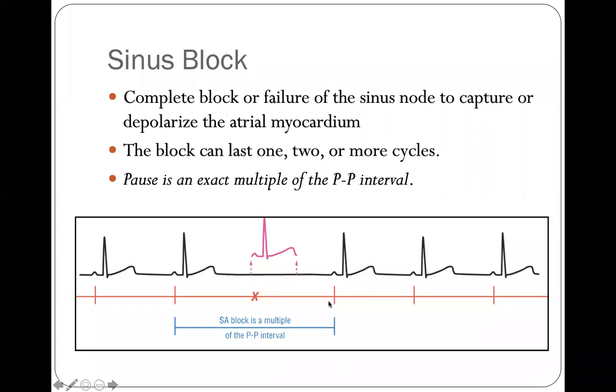We know that the SA node was not reset because this next cardiac cycle after the block comes back in time. And it doesn't matter how many cardiac cycles were blocked, whenever it comes back in time, then we had what's called a block. So the pause is an exact multiple of the P to P interval.